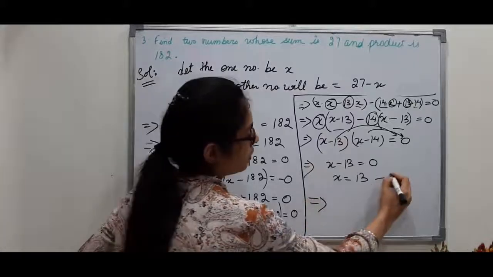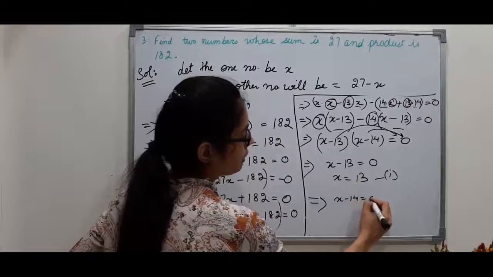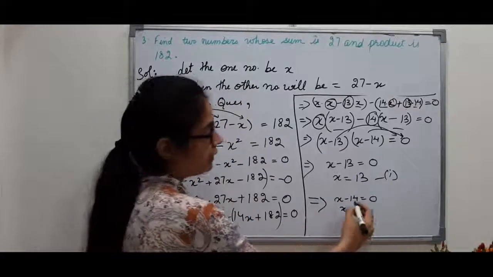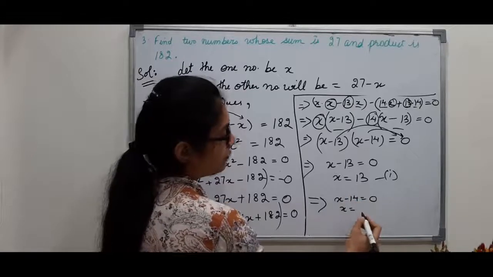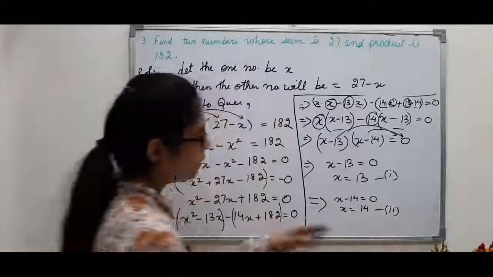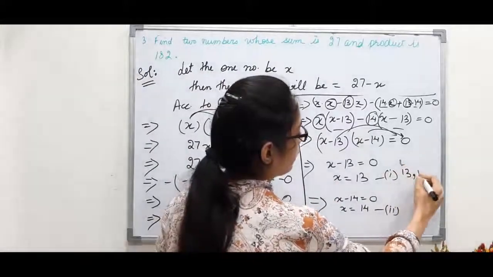So this is your first value of x, and if we write x minus 14 equals 0, we will get x equals 14, we will shift to the other side, this is minus 14. So we will get x equals plus 14. So one value is 13 and one value is 14.